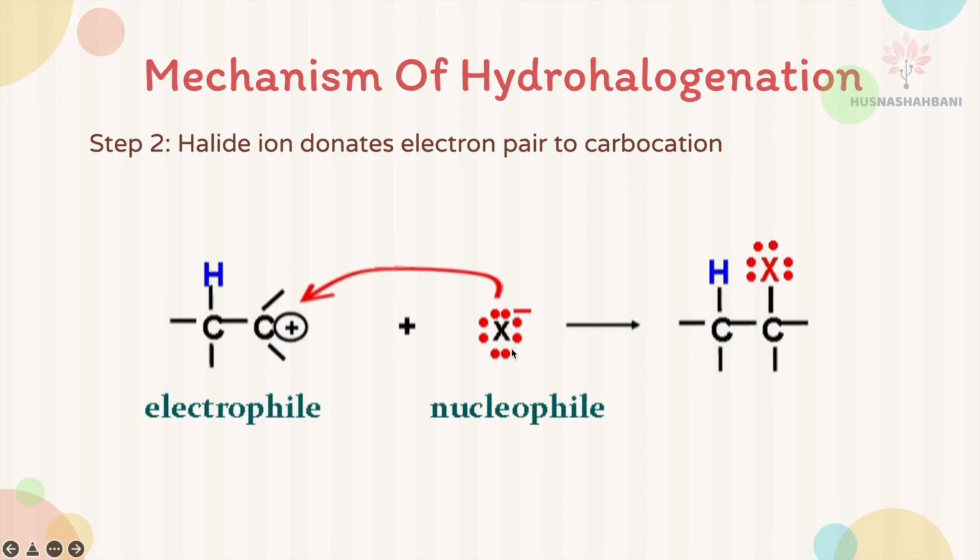So the nucleophile halide ion will attack this carbon by using two electrons from one of its lone pairs to form a bond with this carbon, making the product C single bond halogen. So this is the hydrohalogenation mechanism, because it adds hydrogen and halogen to the alkene.